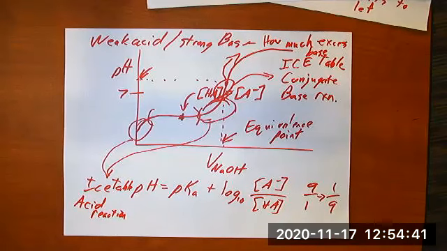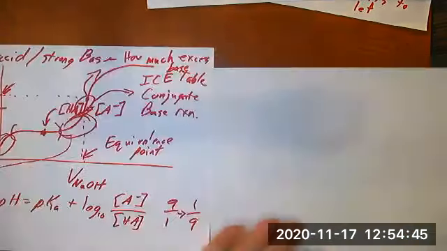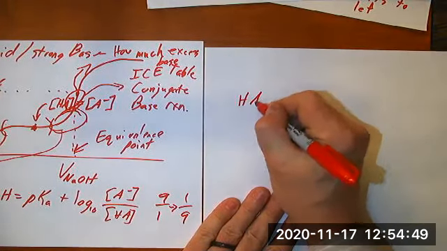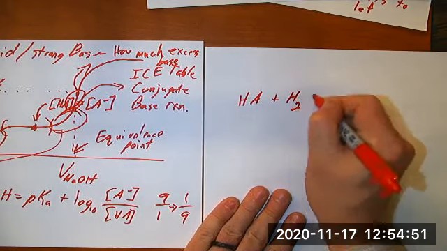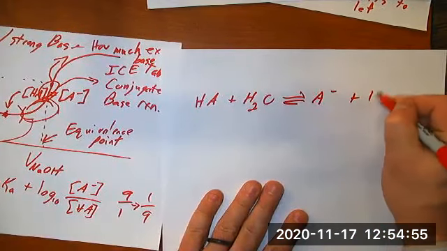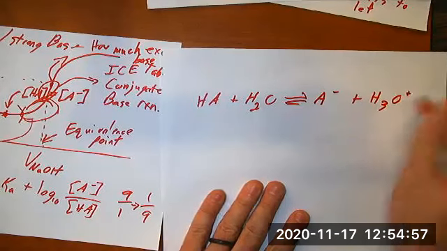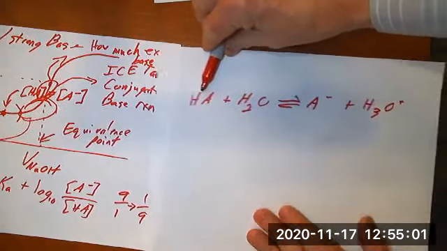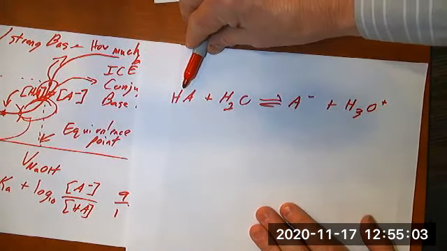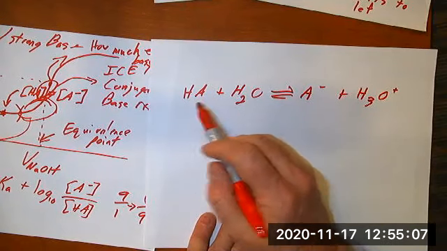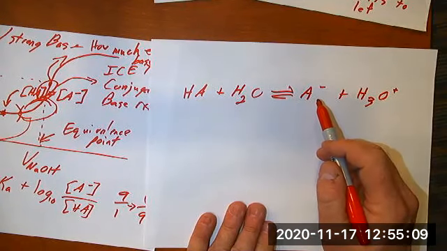The way to think about this is that we have our acid, so HA plus H2O is in equilibrium with A minus plus H3O plus. At the start of the titration, we just have the HA. As we add base, we are yanking off hydrogens from the acid and making the base.